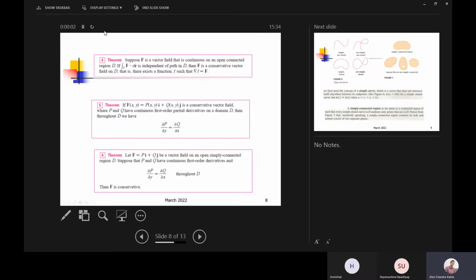Anyway, let us try to work out a couple of examples. Consider this exercise: F equal to x minus 2j. Is it a conservative vector field?